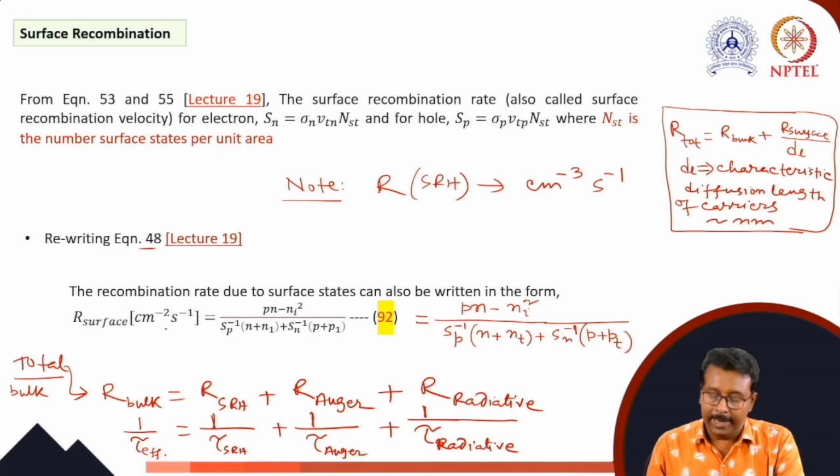Then you can add this to get the total. So these are the total recombination models for solar cells or any other devices. We will use recombinations for each layer and interface when we do simulation of a solar cell to get the accurate result.